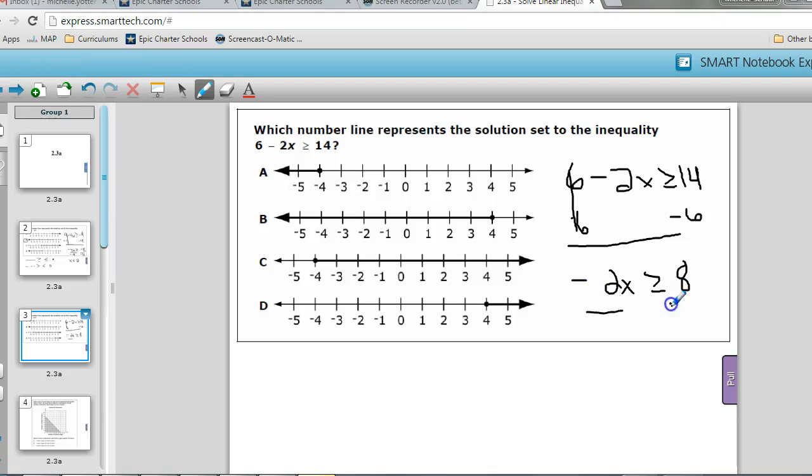Divide both sides by negative 2. Okay, since we divided by a negative, we have to flip our sign. So x is less than or equal to negative 4. Okay, and that's going to be A.